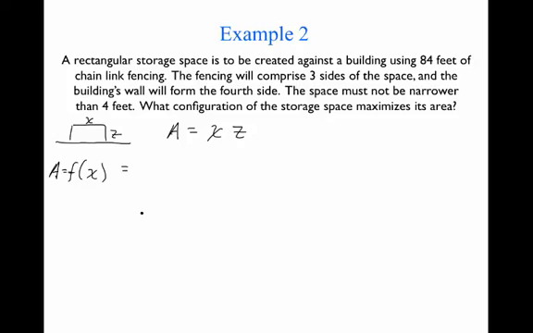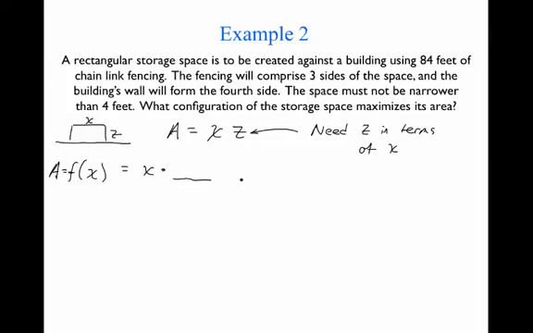Then what do we need to write now the area function in terms of X only, right? So this is not a function because it's got two different variables. So we're going to need Z in terms of X. This function is going to be X times something.